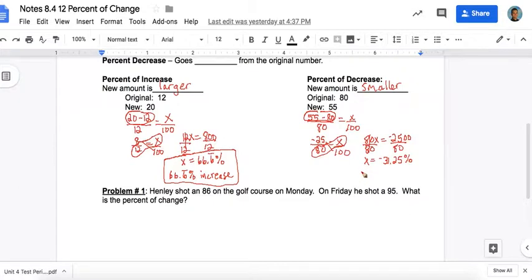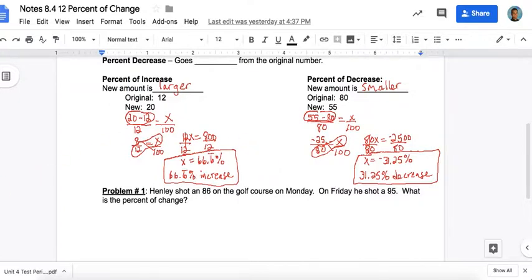In other words, this had a 31.25% decrease. So I can either represent it as a negative percent, or I can simply write a 31.25% decrease, which represents a negative amount.